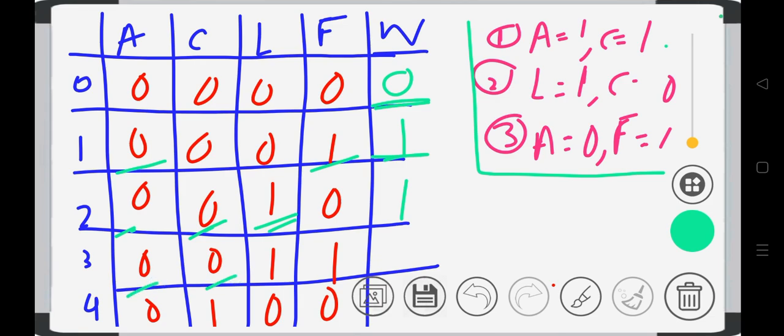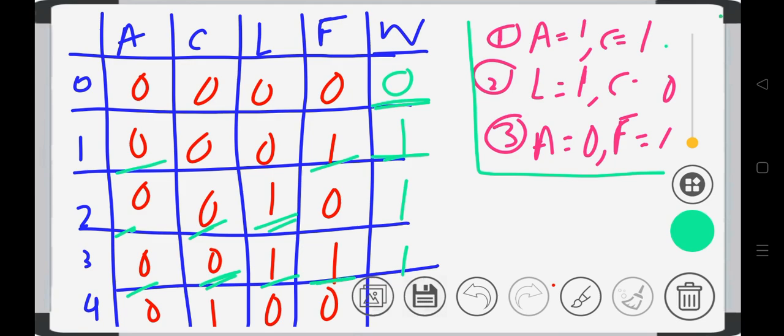L1 C0, yes, L is 1, C is 0, again 1. Okay, so the next condition also satisfies coincidentally. F is 1, C is 0, but as you have already put here 1, you don't need to put it again, right?